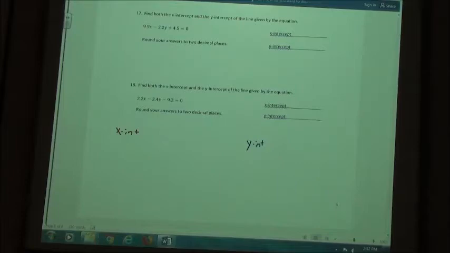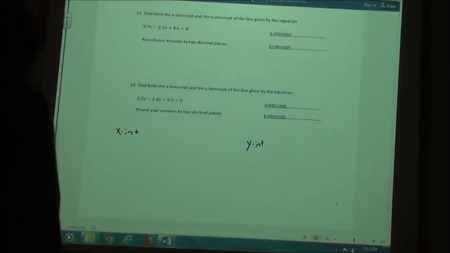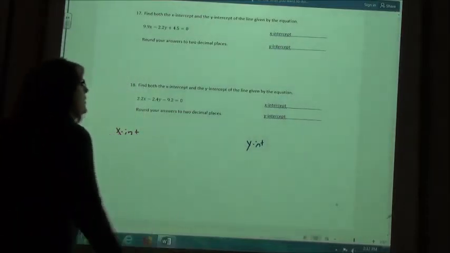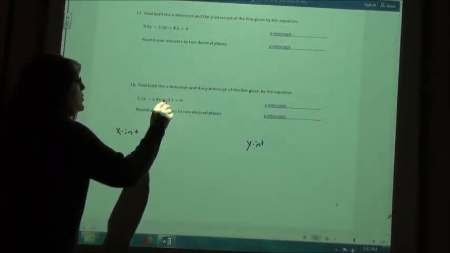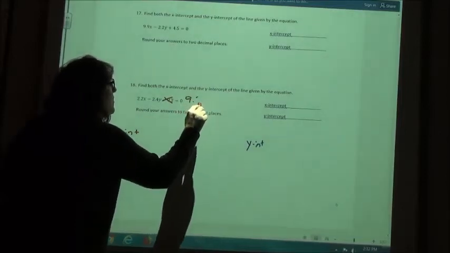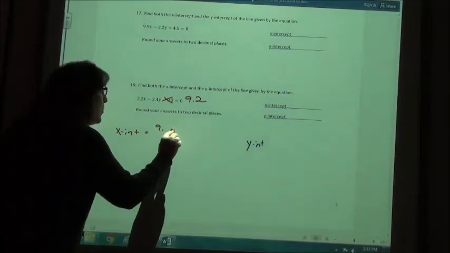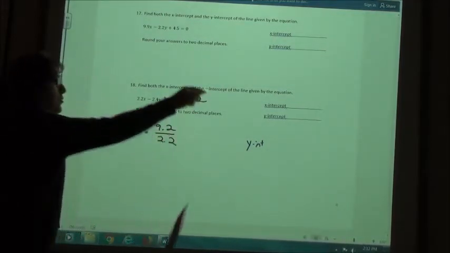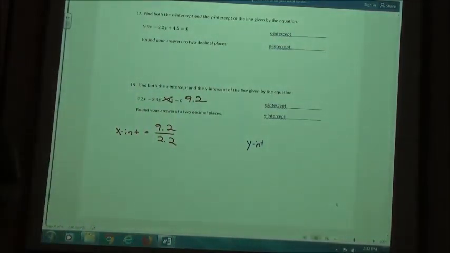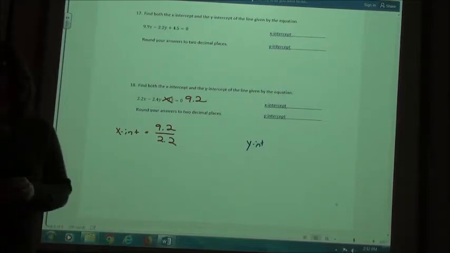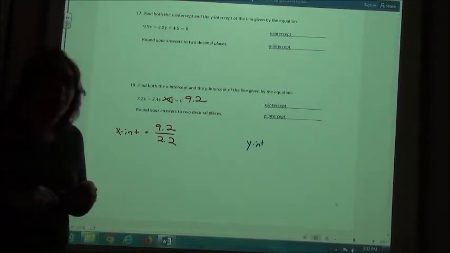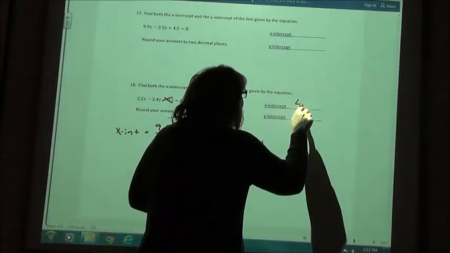Yeah, exactly. So you probably started by moving this to the other side, so you'd have a positive 9.2 over there. For my x-intercept, I did 9.2 divided by 2.2, so my answer was, I know you had answers, I walked by and looked, 4.18.